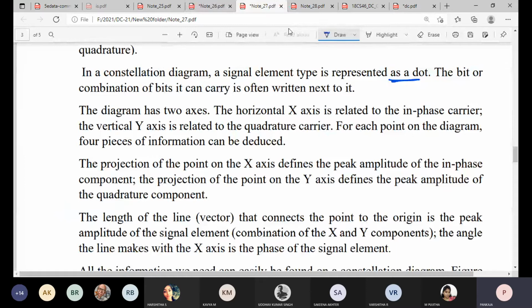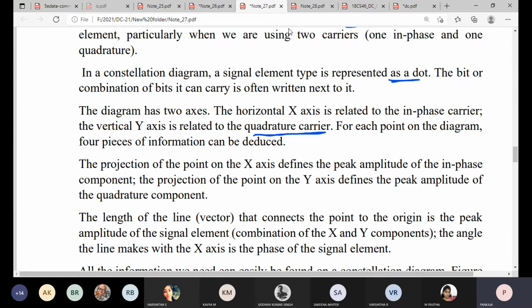That is the first step you need to do for drawing the diagram. The y axis is related to quadrature carrier, and that indicates the number of bits you are going to represent.